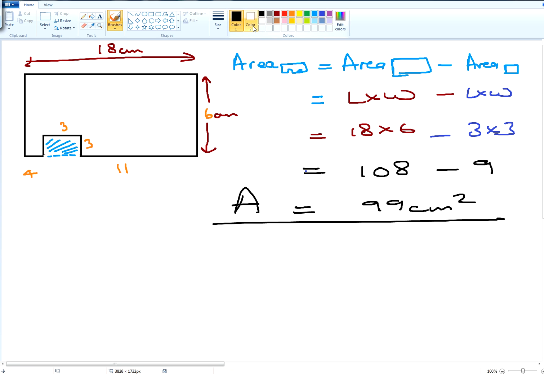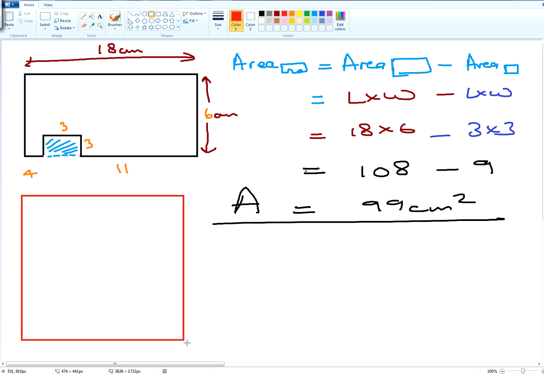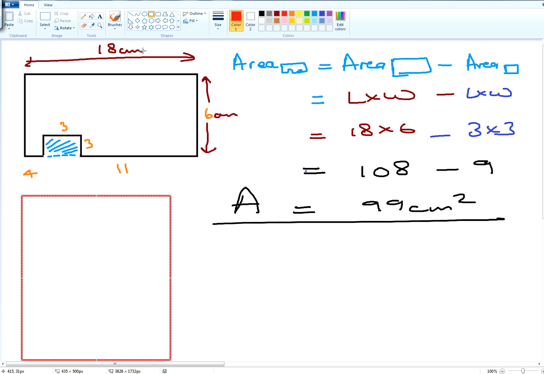The next question is based on what we've done so far. Okay, let's start off with a nice rectangle. So we have this shape here, a rectangle. Now in this rectangle, we are going to cut out these two shapes.